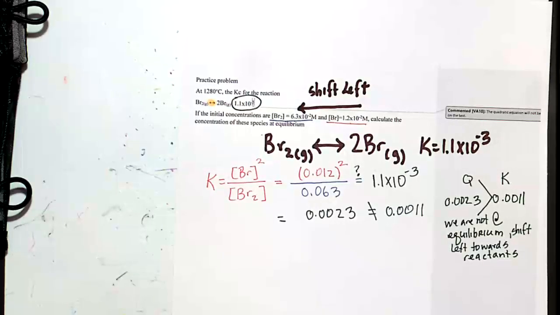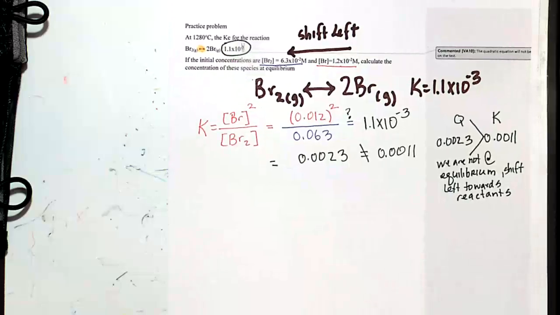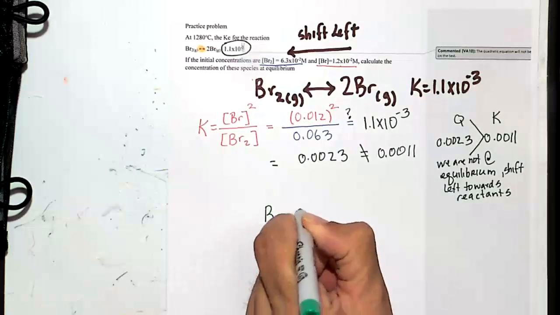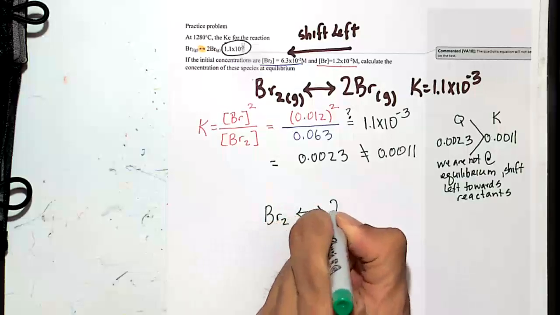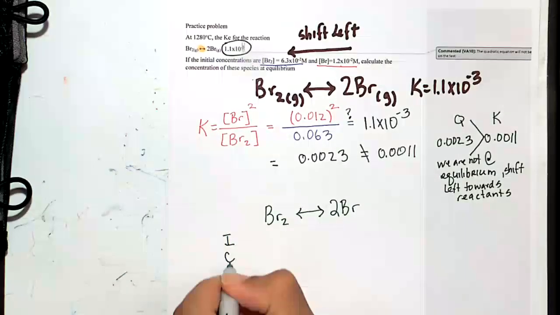Okay, so now let's do our ice table. We'll do our ice table now, knowing that under these concentrations the reaction is going to the left. So ICE.